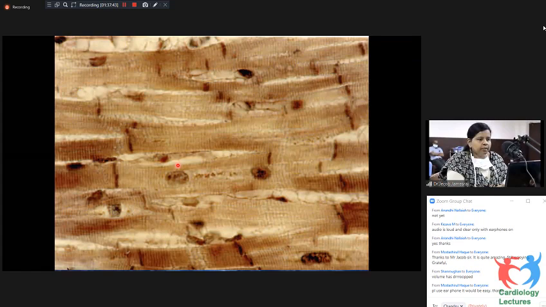So this is a descriptive picture. You can see the multiple layers of the heart.